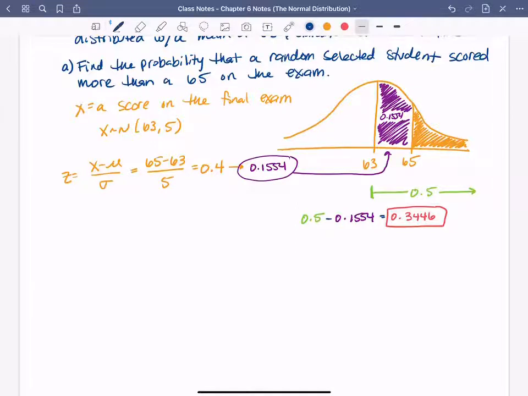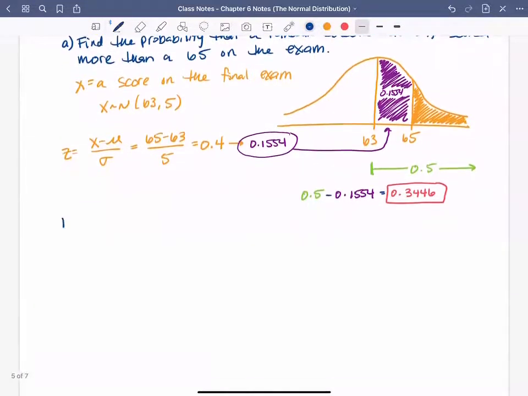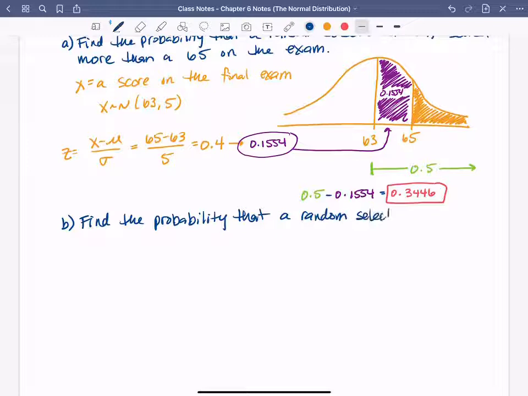So B. B says find the probability that a randomly selected student scored less than 85 on the exam. So let's visually draw that.